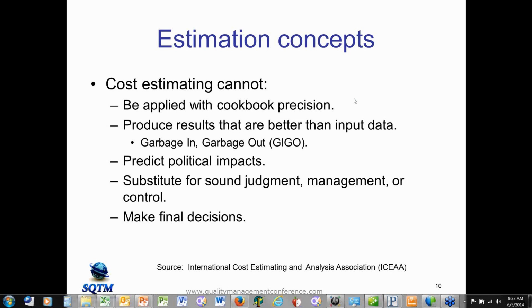A power function is of the form where the results in terms of effort for a given domain or type of work is equal to a linear constant, often called alpha, multiplied by the size of what we're trying to do and then raised to a power. That power is what ends up giving us the economies or diseconomies of scale.